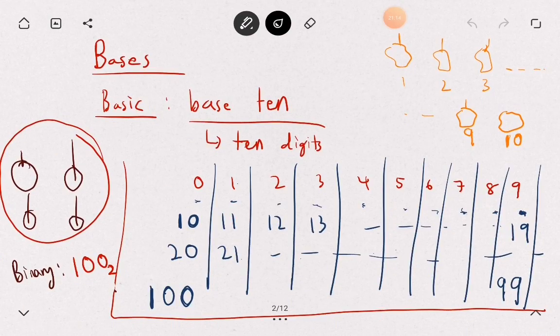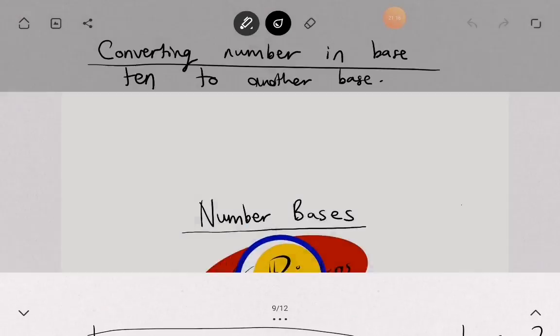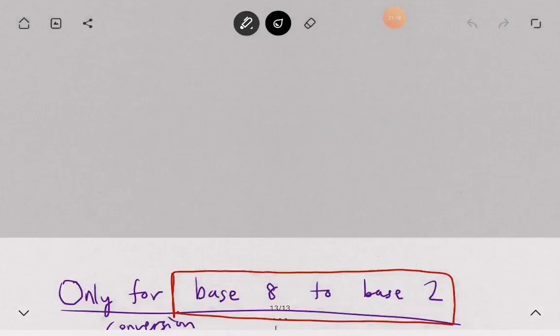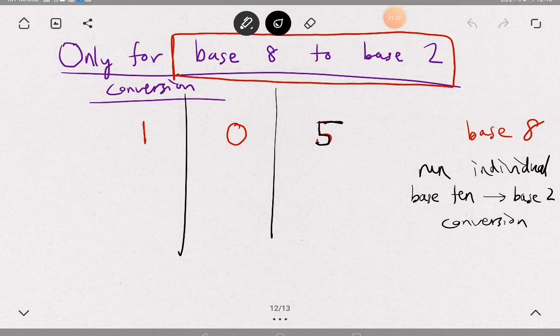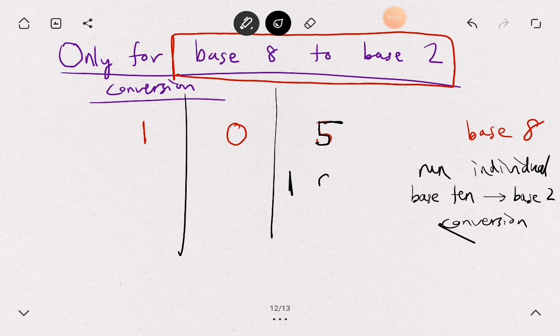So then 5 is 101. So you write 101. Similarly 0 is just 0, so this is 000.